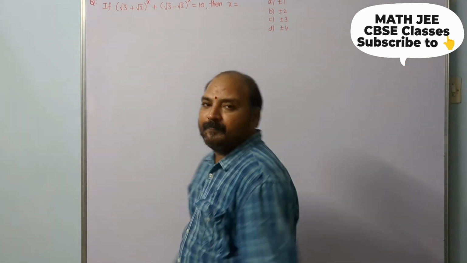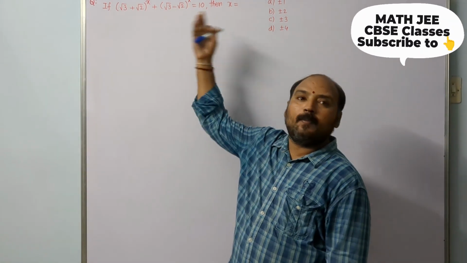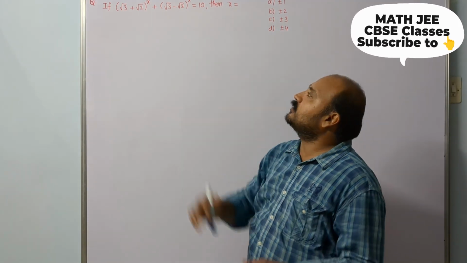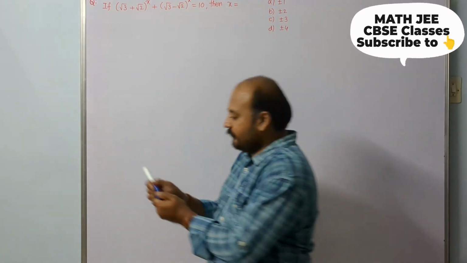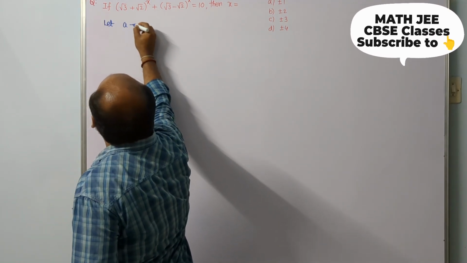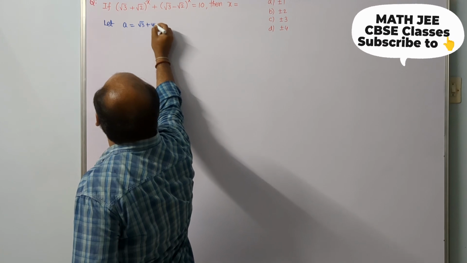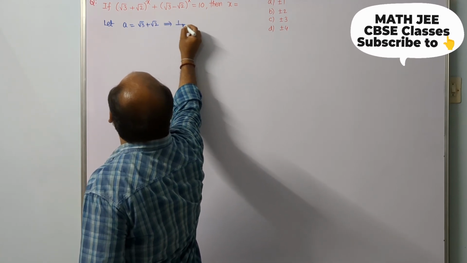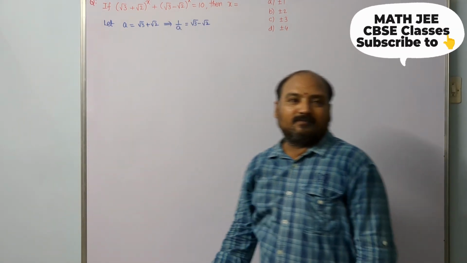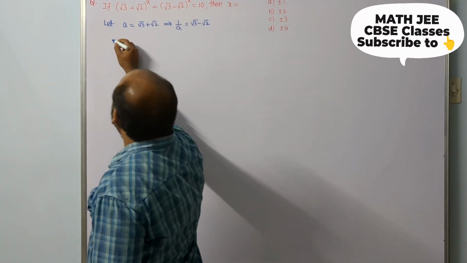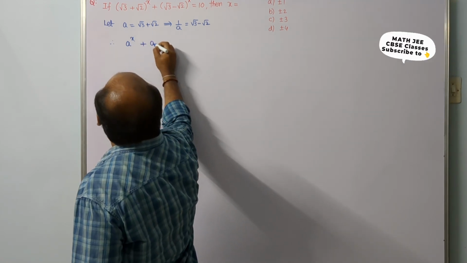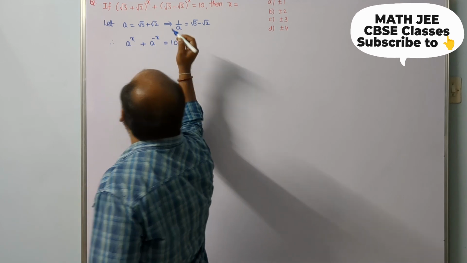The next question. If (root 3 plus root 2) whole power x plus (root 3 minus root 2) whole power x is equal to 10, then find the value of x. See here, I am taking let a equal to root 3 plus root 2, then its conjugate 1 by a is equal to obviously root 3 minus root 2, dear students. Okay, so we can write the given information as a power x plus a power minus x equal to 10.